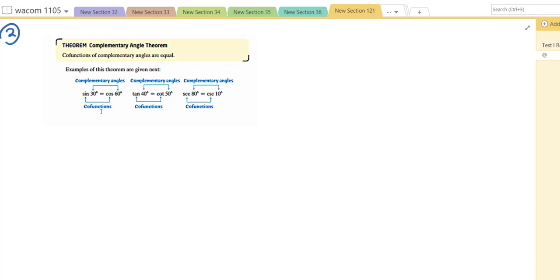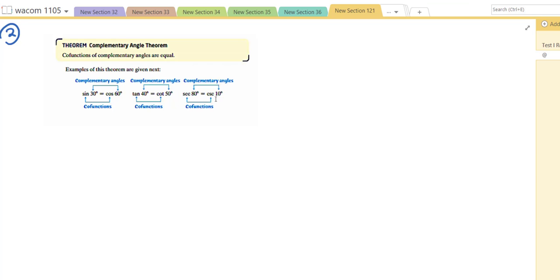It's the cofunction to sine. Sine and cosine are cofunctions. 60 is a complementary angle to 30. They add up to 90 degrees, so they're going to be equal. Tan and cotan are cofunctions, and 40 and 50 are complementary angles, so those two are going to be equal, and the same for secant and cosecant.